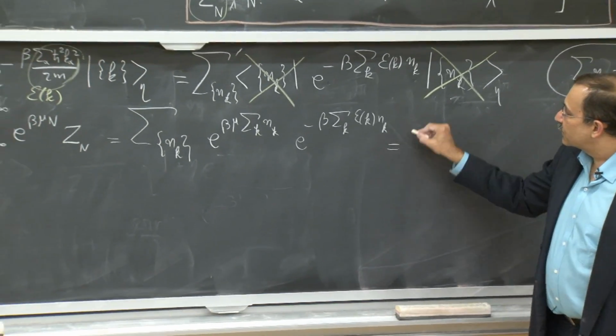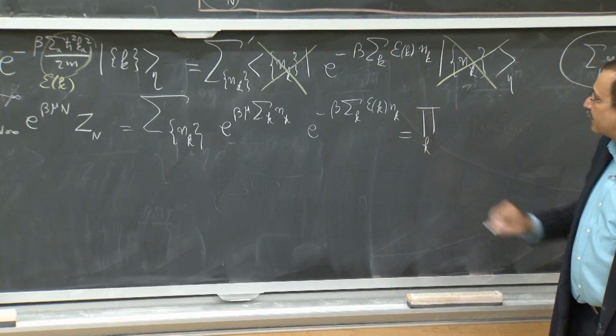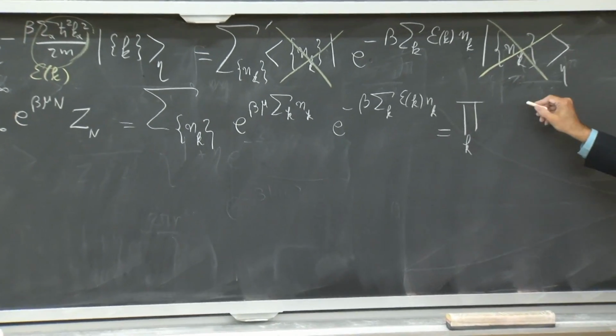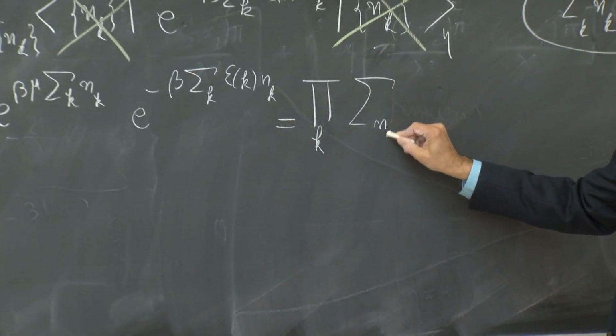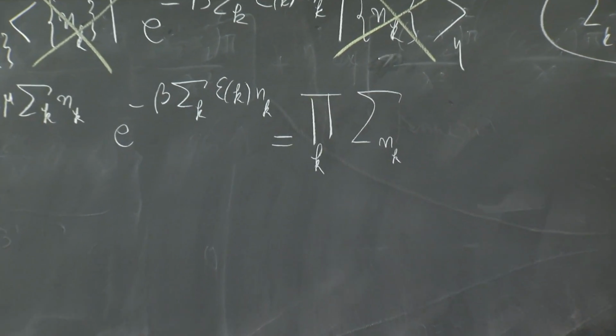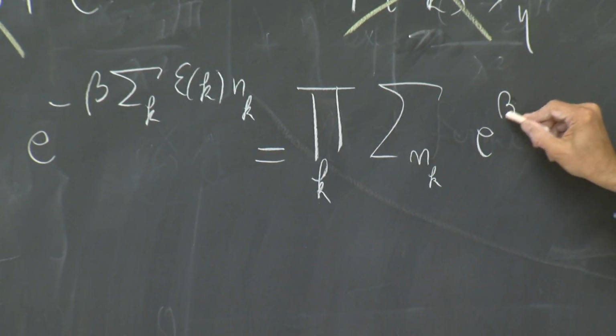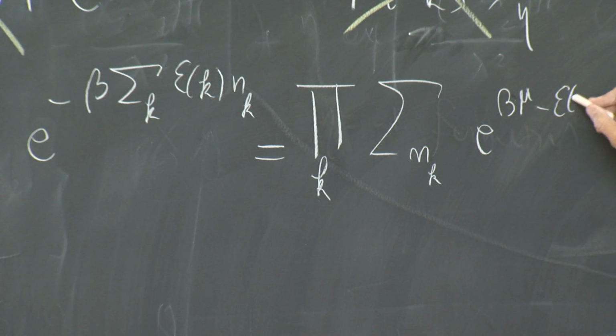So essentially, for each k, I can independently sum over its nk of e to the beta mu minus epsilon of k nk.